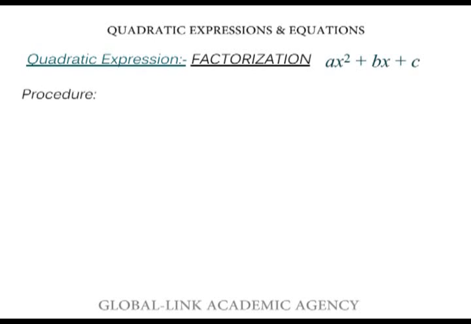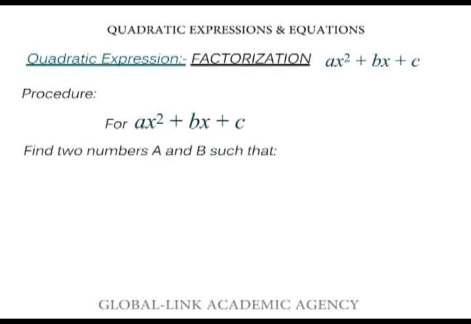Generally, to find the factors of a quadratic expression ax squared + bx + c, follow these steps. Step 1. Find two numbers p and q such that p times q is equal to a times c and p + q is equal to b. p and q are the coefficients of x.